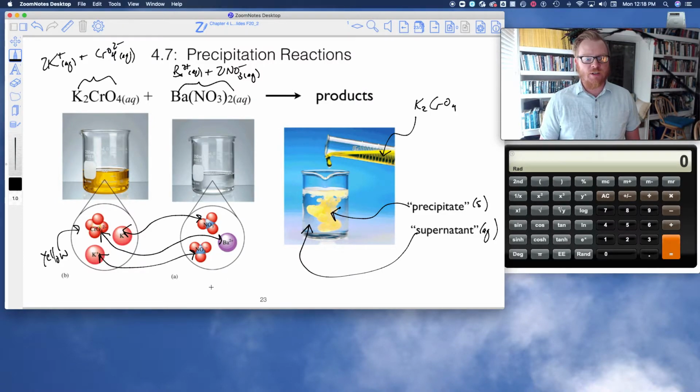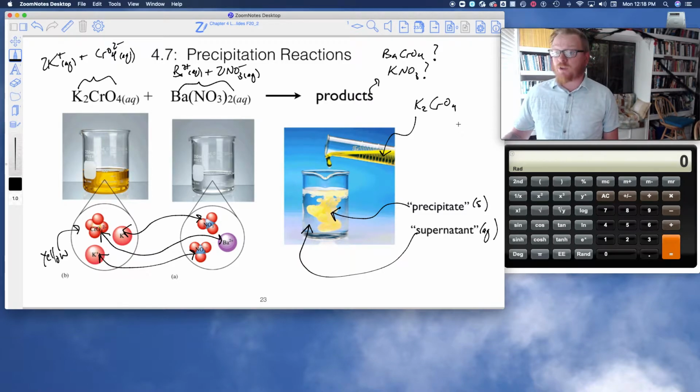Our options are either barium chromate, so let's write that for our product. Because you notice, if I just said the product is potassium chromate, that means nothing happened because potassium chromate was a reactant. So my possibilities are barium chromate or potassium nitrate. One of those will represent the precipitate, which is the solid.